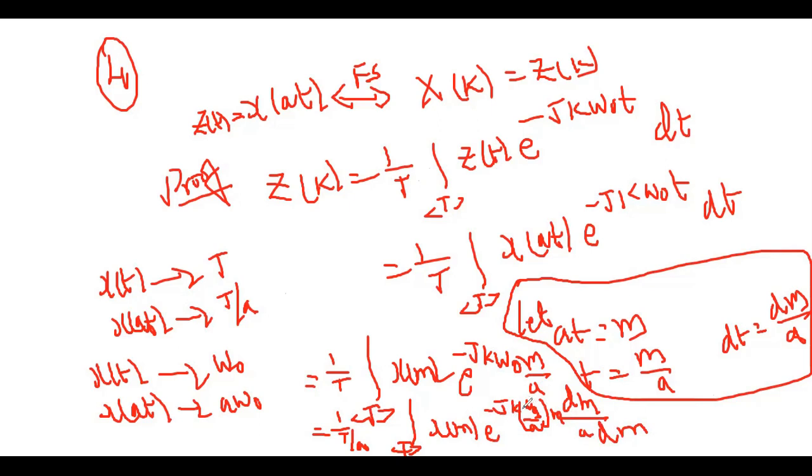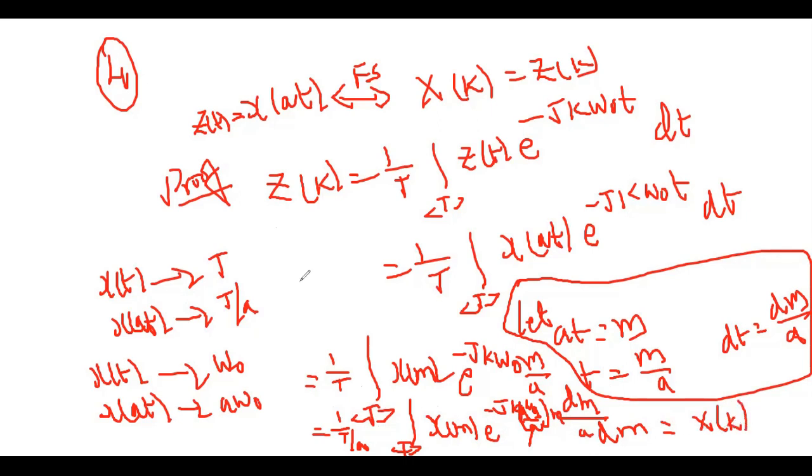Whenever it is at, the frequency is multiplied with a. So a gets cancelled, e power minus jk omega naught m into dm. See, this is the same function of z of k, just replacing the variable with x(m). It becomes x of k.